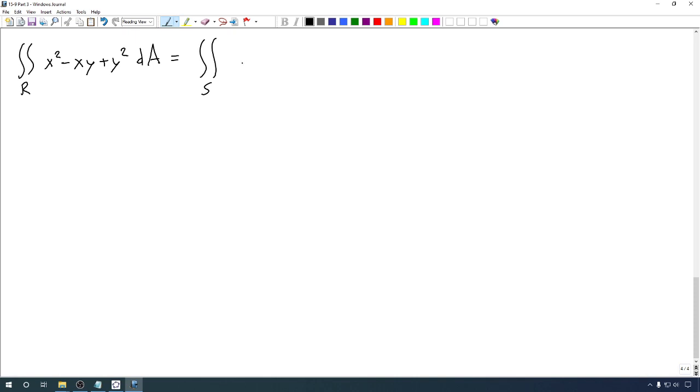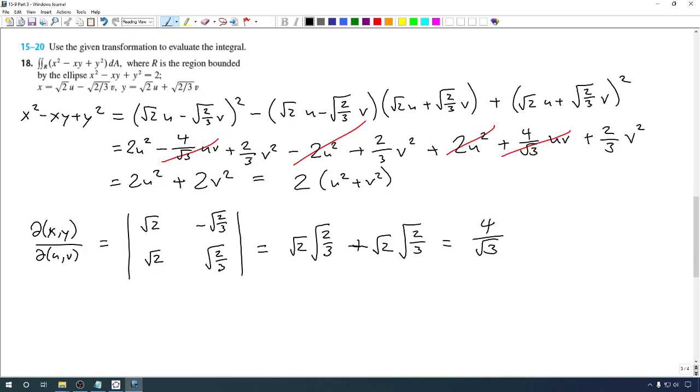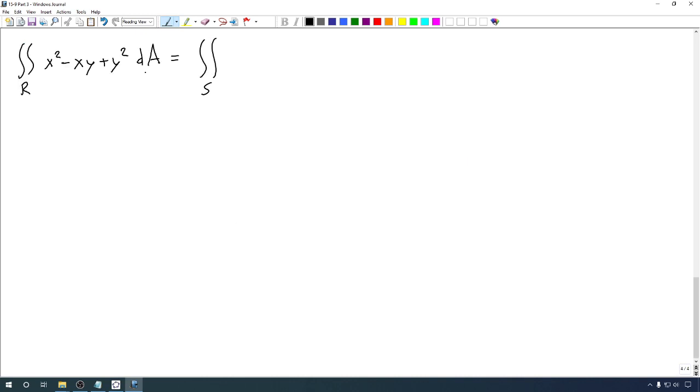X squared minus xy plus y squared is actually 2u squared plus v squared. So we didn't just use this to figure out what the ellipse is, but it was also our integrand. So we get to make use of that fact again. And then we need to put in our Jacobian. Our Jacobian was 4 over root 3 du dv.